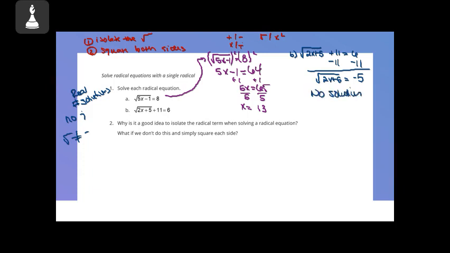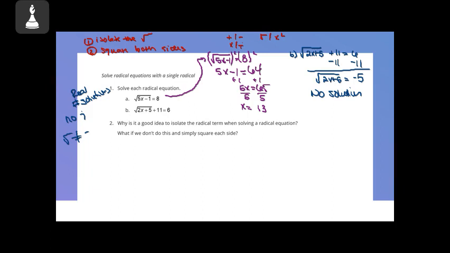Why is it a good idea to isolate the radical term when solving a radical equation? What happens if we don't do this and simply square each side? Well, here's what's going to happen. If I tried to take this one for b and square both sides, I'm actually not going to get rid of the square root.